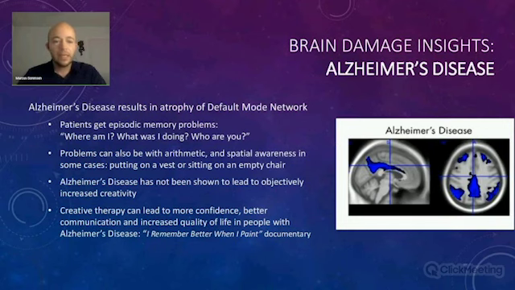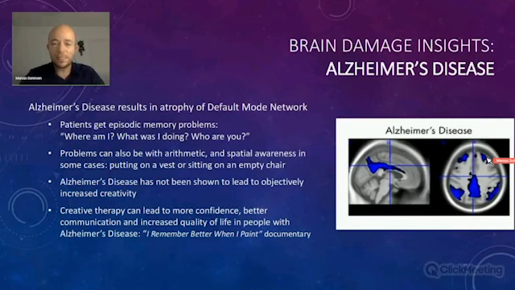So, in Alzheimer's disease, the picture that is here on the screen is showing you the specific areas that tend to be affected in Alzheimer's disease, and it affects both areas in the frontal cortex, the prefrontal cortex indeed, and the default mode network here in the parietal lobe.